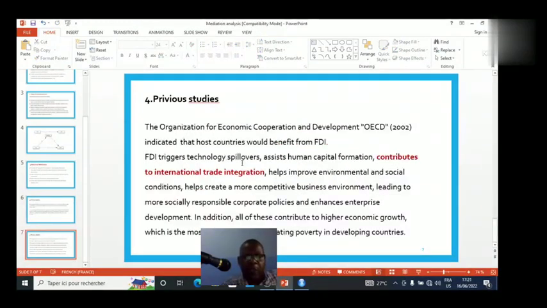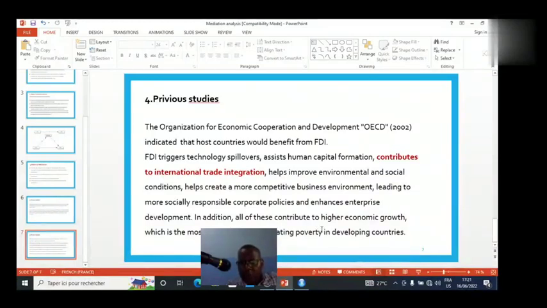I choose exports as the mediator variable because I consider this statement of the Organization for Economic Cooperation and Development. They said that FDI triggers technology spillovers, assists human capital formation, contributes to international trade integration, helps improve environmental and social conditions, helps create a more competitive business environment, leading to more socially responsible corporate policies, and enhances enterprise development.